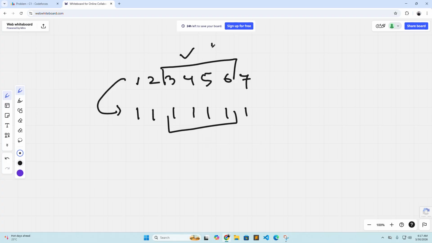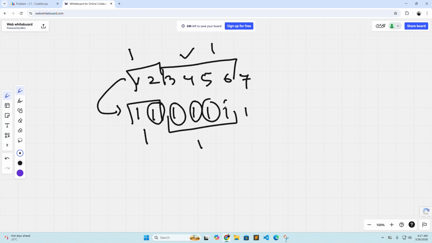The GCD of 3 4 5 6 is equal to 1, and the GCD of 4 1 is equal to 1. If you choose these two and these two, the GCD must be the same, 1. So how many operations did we do? We changed 2 to 1, 3 to 1, and so on up to 6, so the answer is 6.